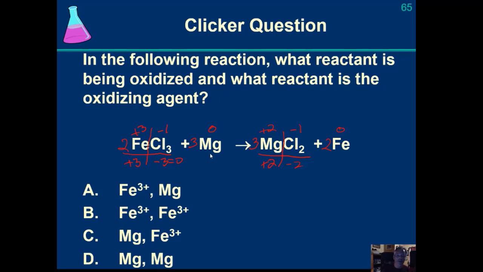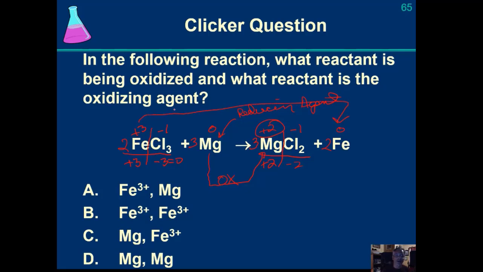We go from magnesium, which has a 0 oxidation state, to a 2+ oxidation state. That is the element that's getting oxidized, and that actually makes it the reducing agent. Iron 3 plus is going from a 3 plus to 0.